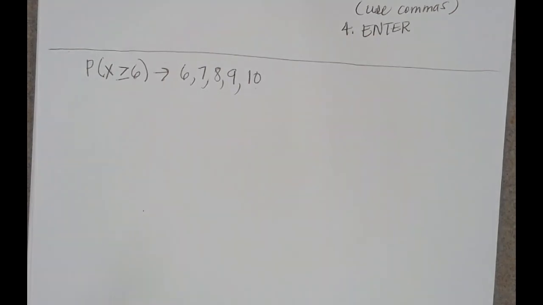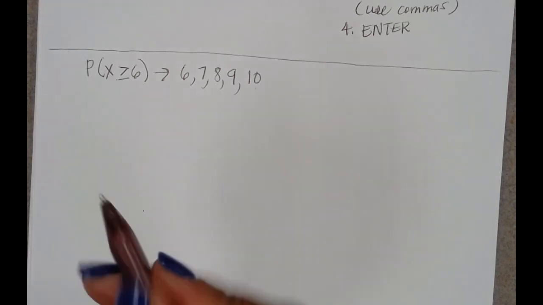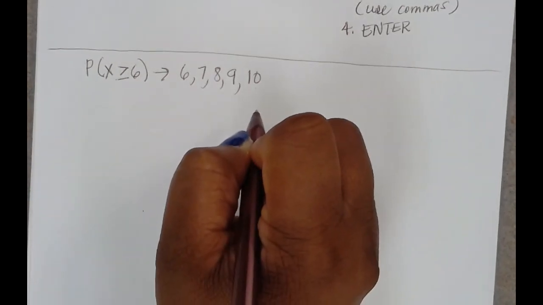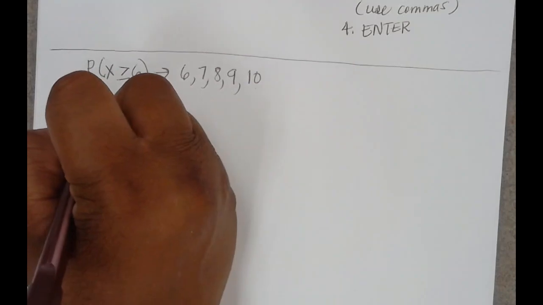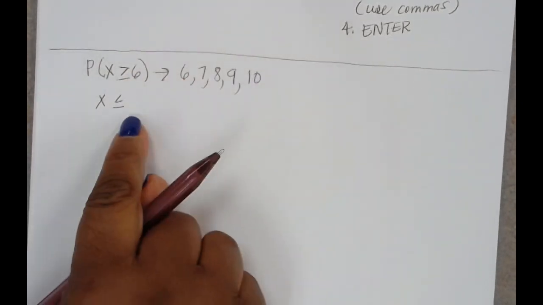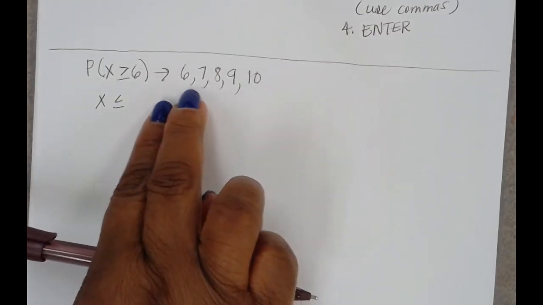So when I think about the probability of X is greater than or equal to 6, and I want to be able to use a less than symbol, okay? So X is less than or equal to something that's going to make me get these numbers.